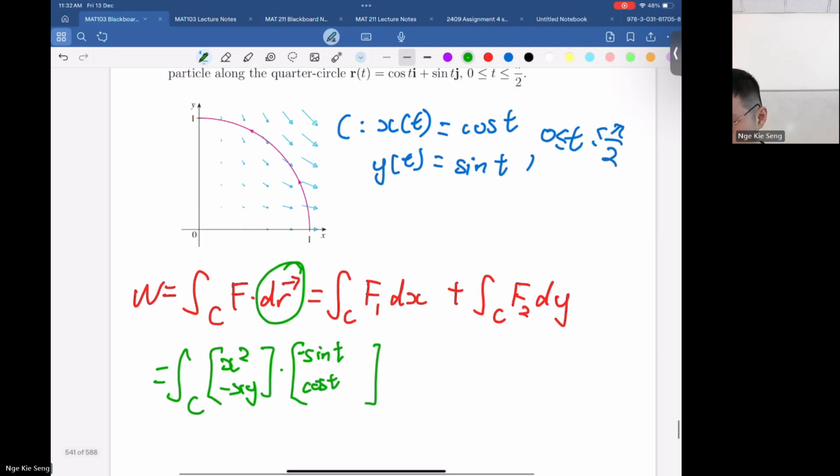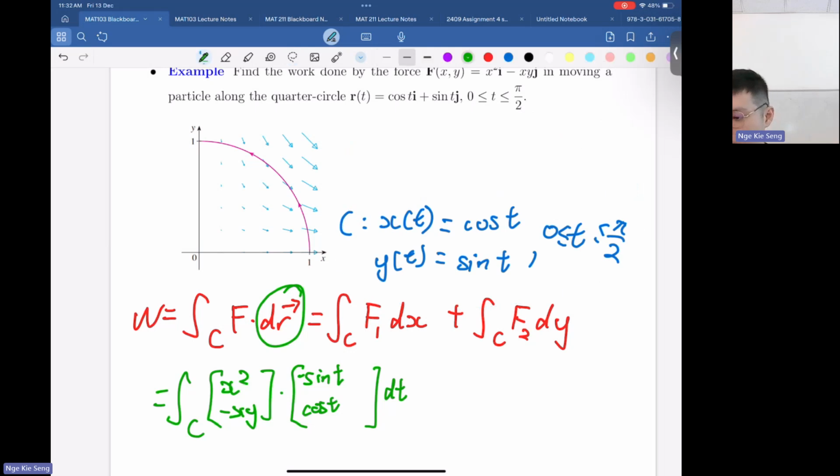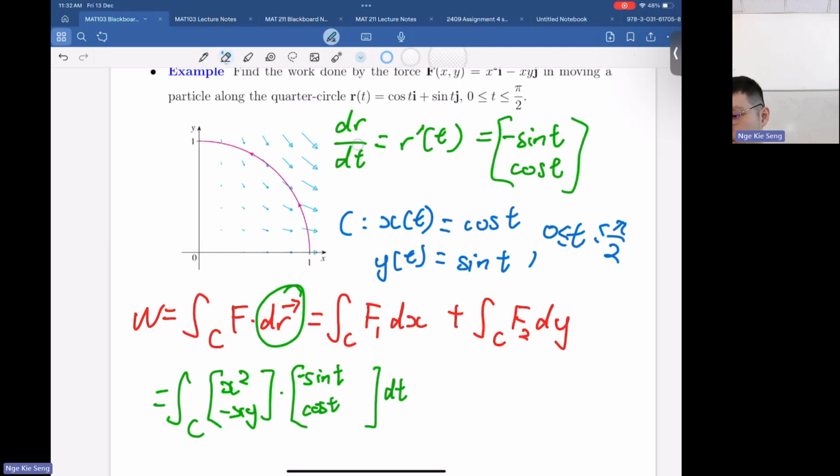Let me think, are we missing something? The dt, where should the dt go? Let me write it down here. dr/dt equals r prime t, which is minus sin t, cos t.